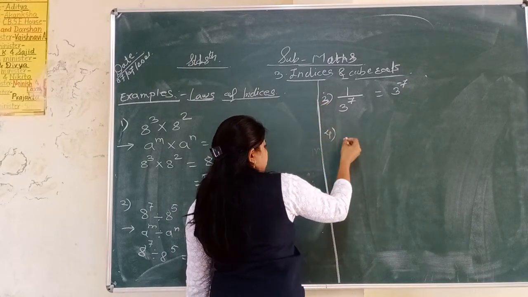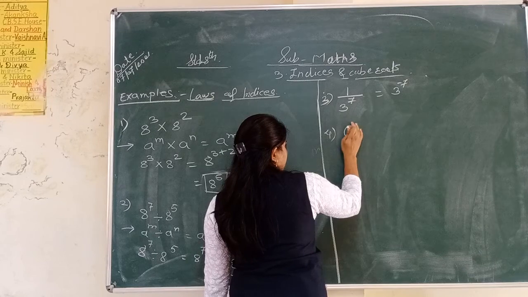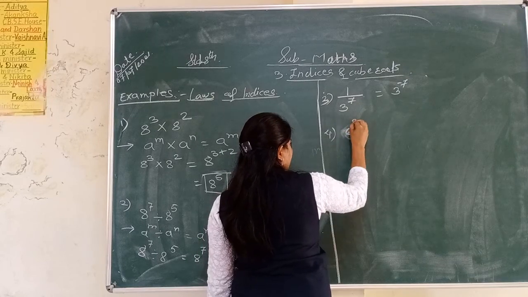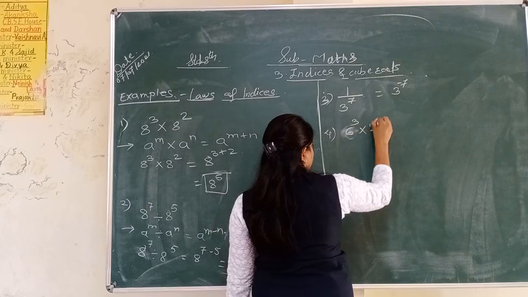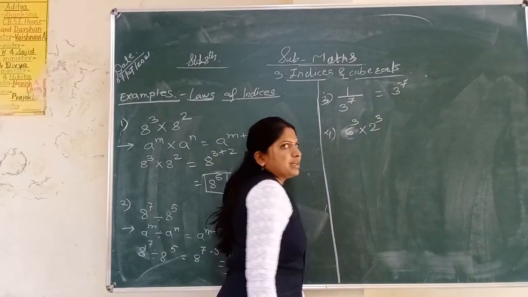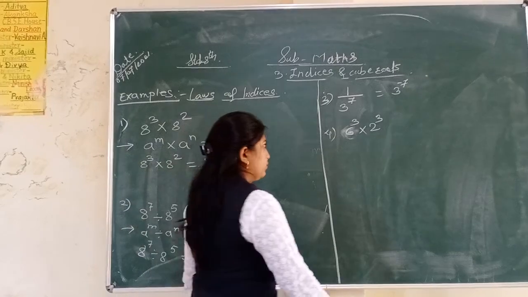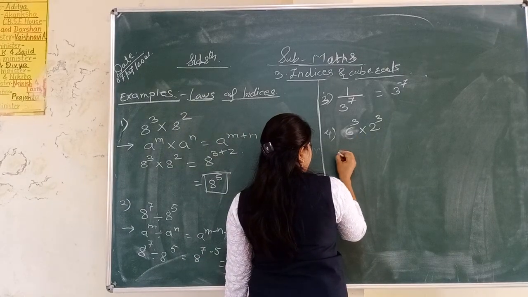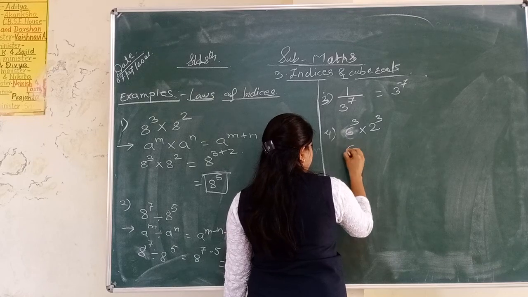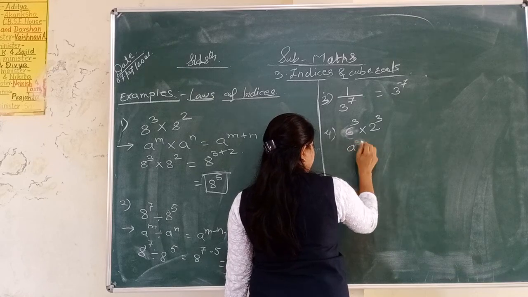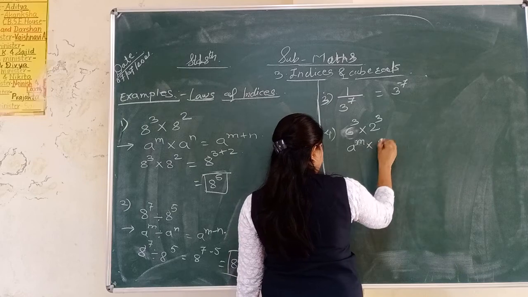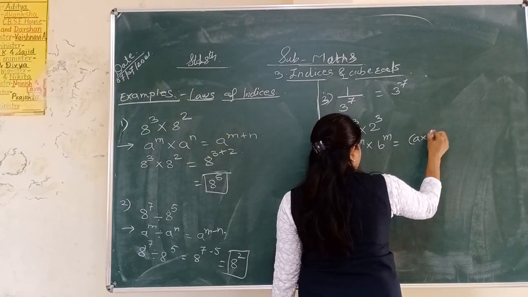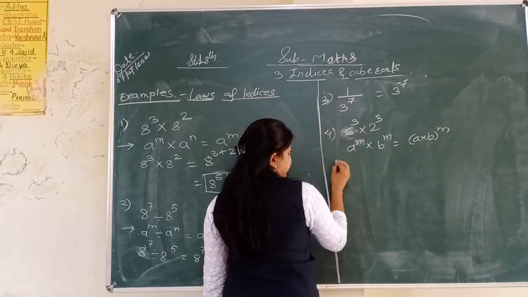Then suppose 6 cube into 2 cube. You can write here like this: a raised to m into b raised to m equals a into b, commonly raised to m.